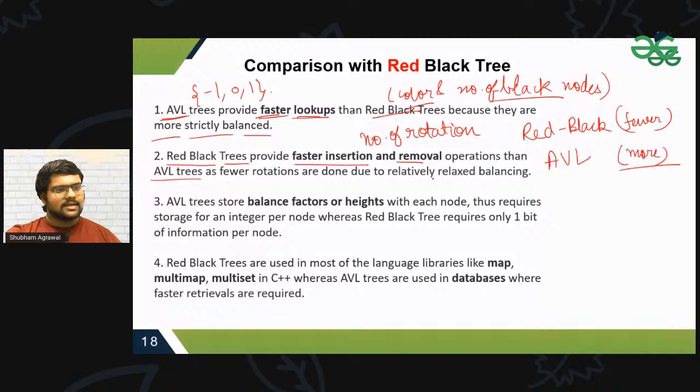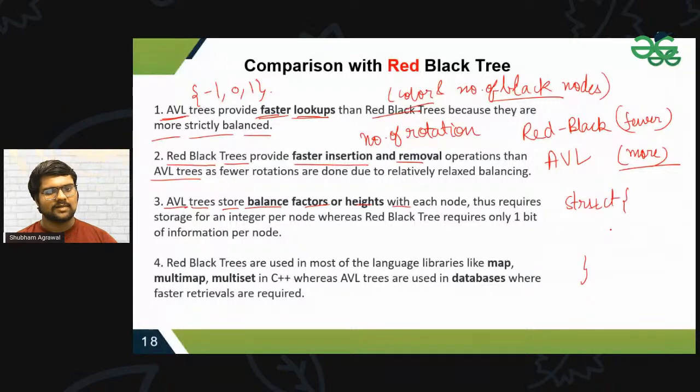Third is the balance factor. An AVL tree stores the balance factor or height with each node, so we have to augment the struct that we defined for our tree with the balance factor and the height. So we have data, then the left pointer, then the right pointer.